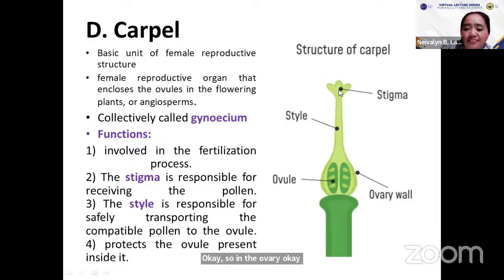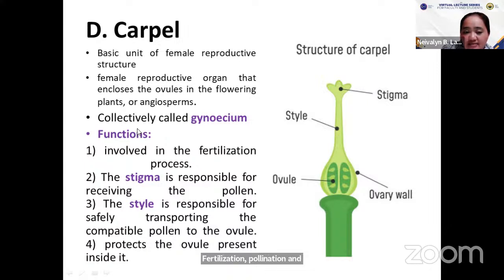Again, I repeat: if the pollen is caught by the stigma, it travels down through the style to the ovary where the egg cells or ovules are present. It's in the ovary that fertilization, pollination, and double fertilization take place.